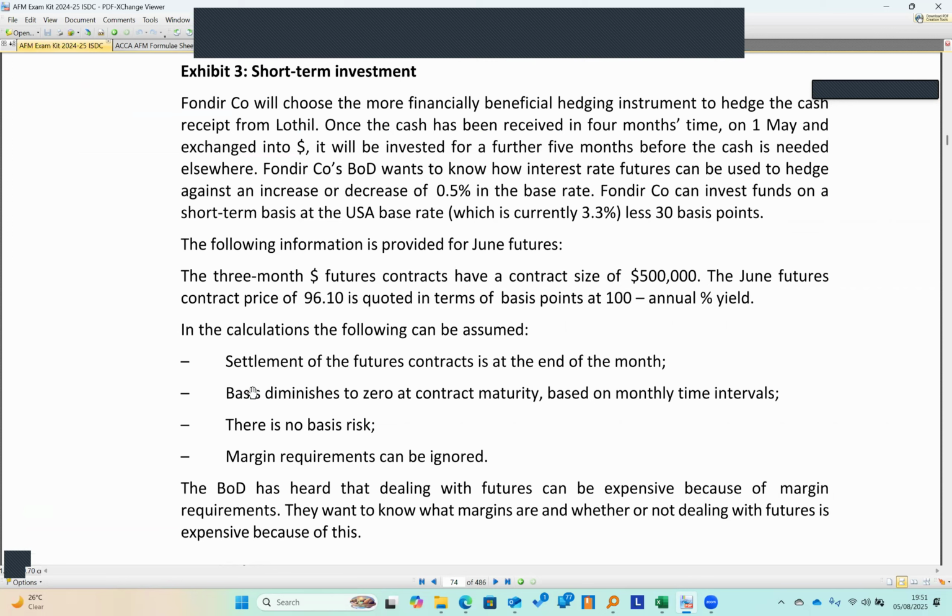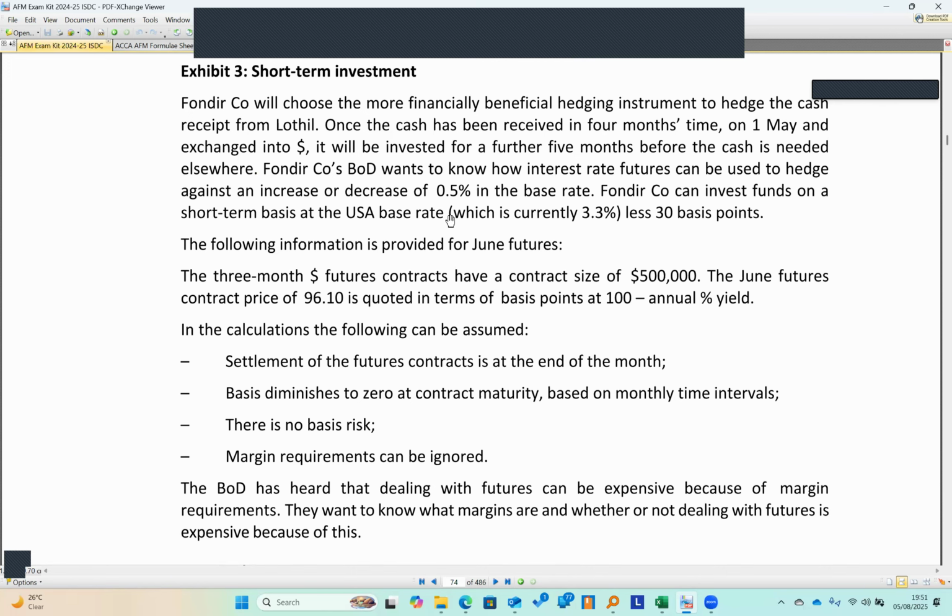Remember they are telling us that interest rates are falling. And here they just said we don't know whether they will increase or decrease by 0.5%.